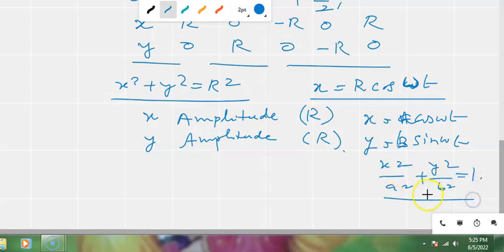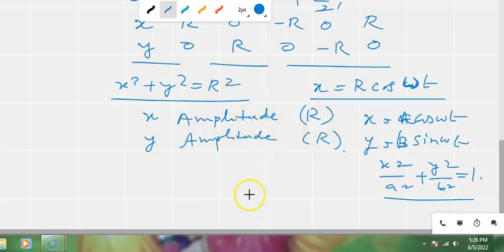That means if a particle has a combination of two simple harmonic motions with different amplitudes, it moves in an ellipse. But if it undergoes simple harmonic motion with the same amplitude, you get a circular path.